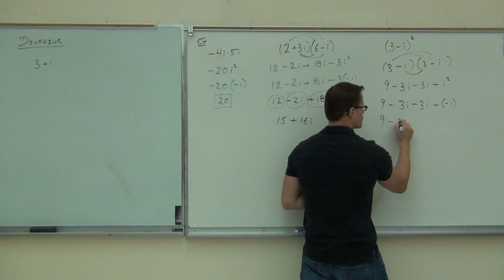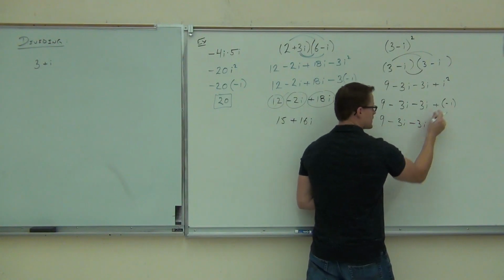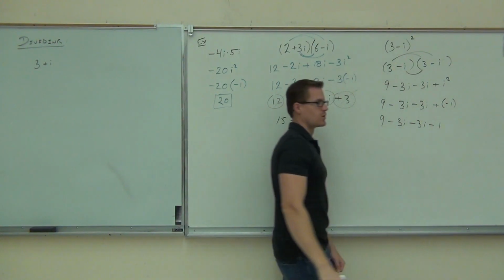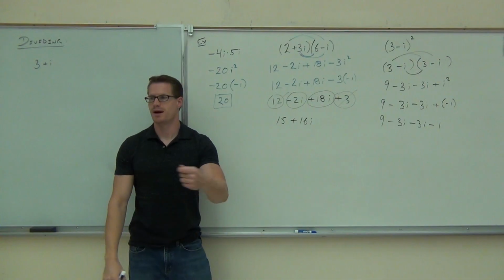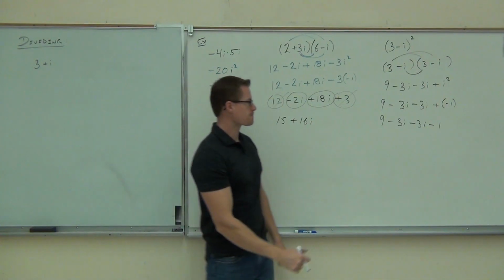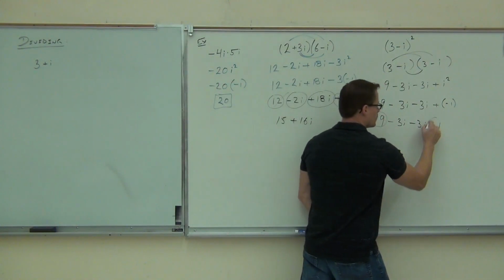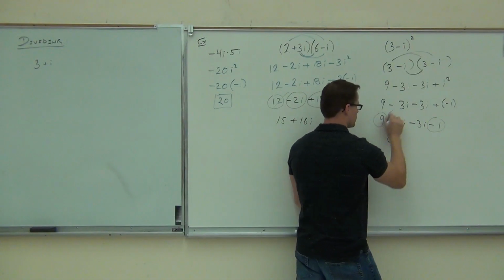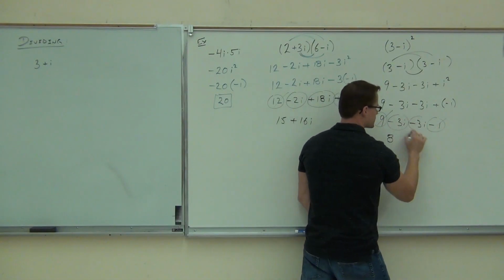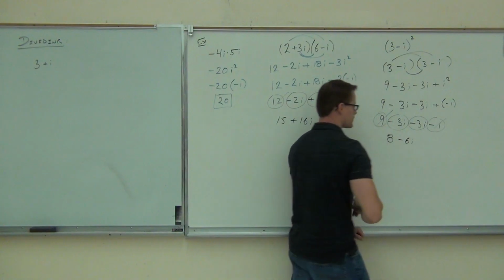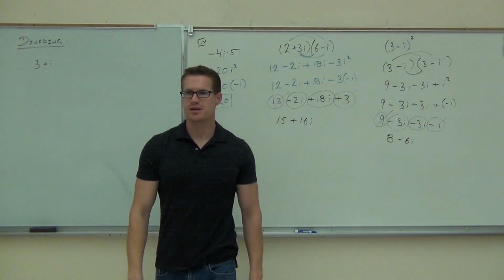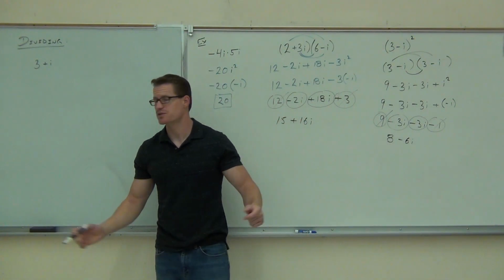Instead of plus -1, it really just gives us -1. Plus -1 is just minus, like you're subtracting. We'll combine our like parts here, we'll get 8, and we'll get a minus 6i. Real part is 8, imaginary part is negative 6i. It's certainly a complex number. It's as far as we can go.